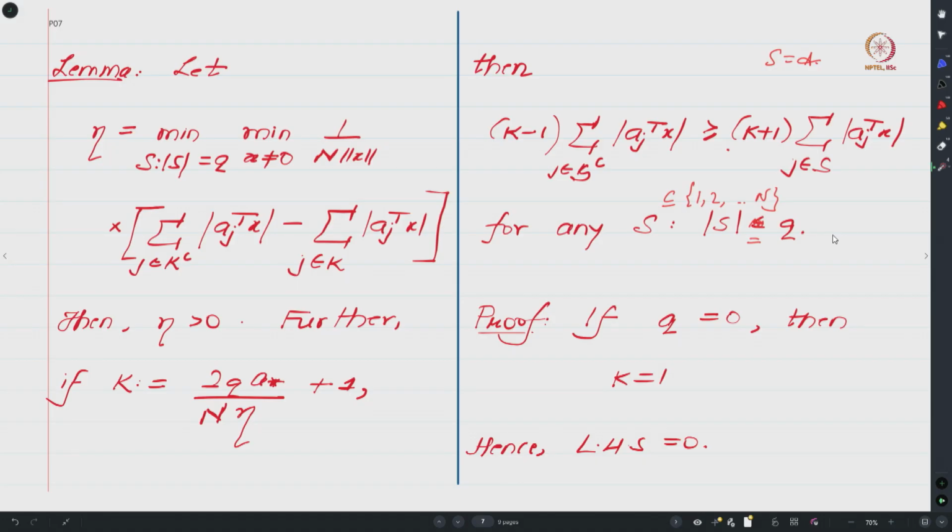And if you think about it, this is what the inequality is trying to say. Remember, we had some assumption on the A matrix.